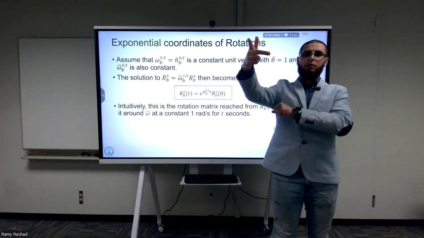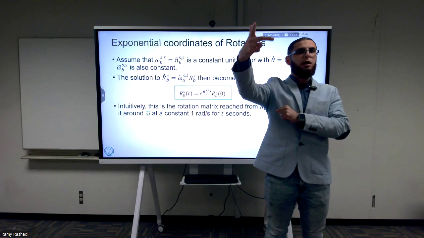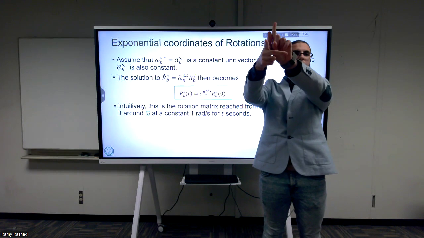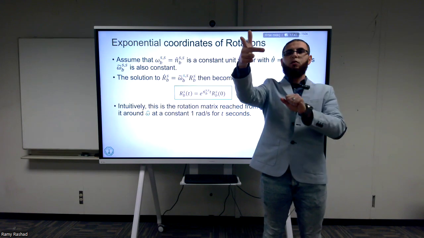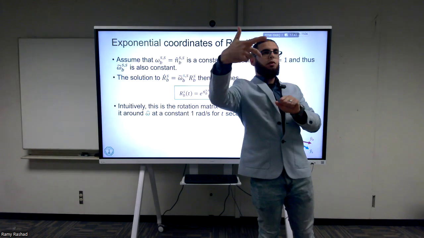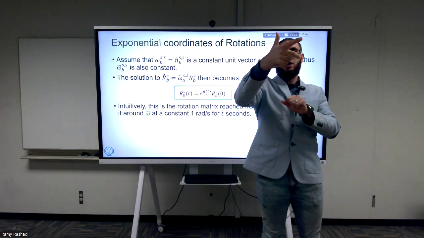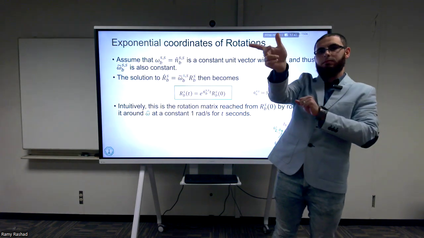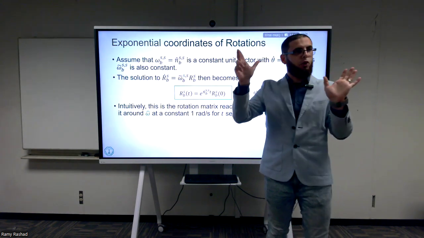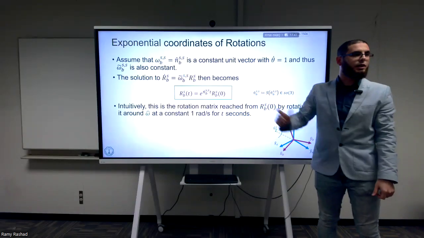I'm going to describe it visually here. Let's say that this is the axis, it's fixed, and I'm rotating at 1 rad per second in this way. You see, at every time I'm getting a new rotation matrix. I can rotate the other way around, and again, it's the same. So you all visualize it. This is what this equation does.